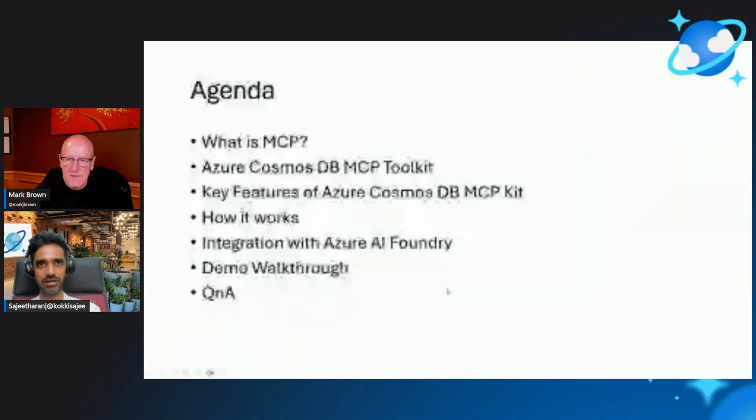So this is going to be the agenda. For those who are new to MCP, I will talk about what MCP is and why it is important, and then I will introduce you to the Azure Cosmos DB MCP toolkit that we launched at Ignite. I will also dive into key features of the MCP toolkit. Obviously, it's an open source project, so anyone is welcome to contribute.